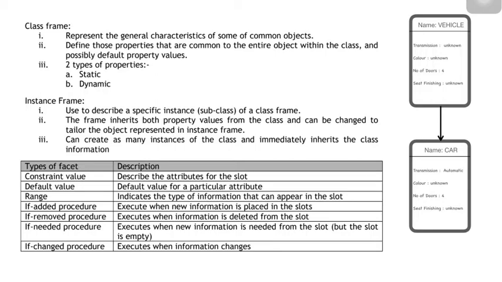Types of facets here can be of many kinds. Sometimes we have a constraint value, default value, range between some values, and we can also have procedural knowledge here. The procedural knowledge can be if-added procedure, if-removed, if-needed, or if-changed.